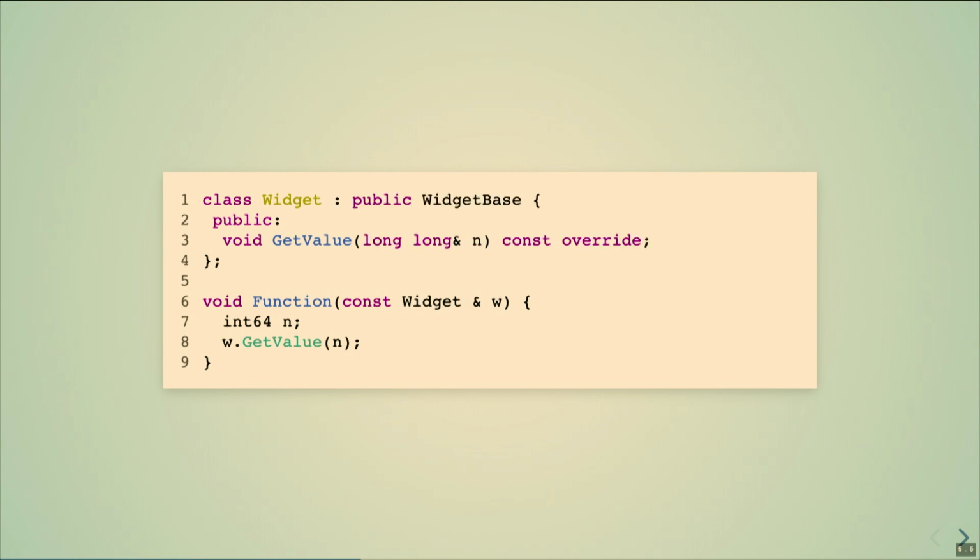This is another situation that we ran into that was actually really tricky, right? If get value is virtual, then suddenly I don't just have to worry about this one call to this function. If I want to change the definition of get value, I need to change it on widget base as well.